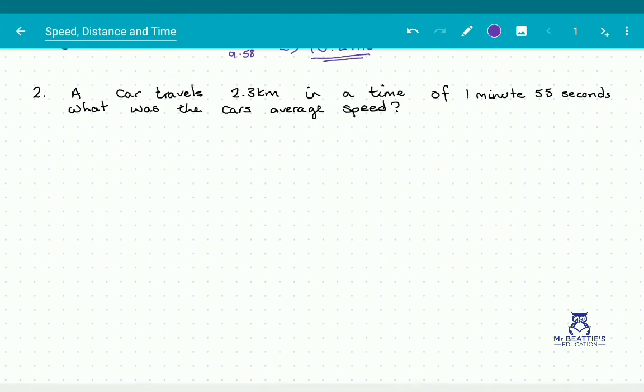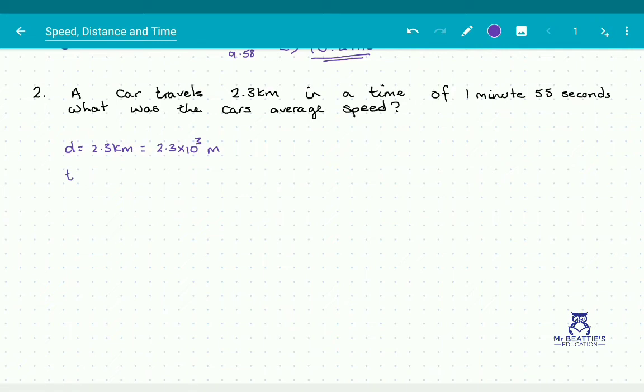Okay, and if we have a car that travels 2.3 kilometers in a time of 1 minute and 55 seconds, so here's that conversion I was telling you about, where you have to convert between the kilometers to meters and the time into seconds. So step 1, we write down what we know. Well, we know the distance is 2.3 kilometers, which I'm going to write as 2.3 times 10 to the 3 meters.